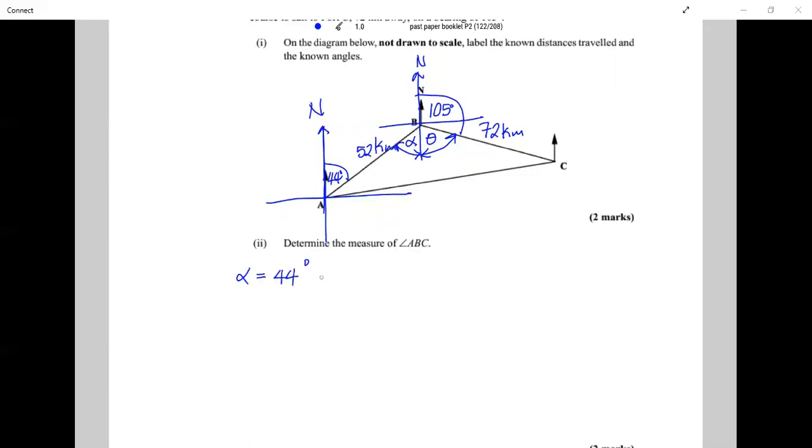They are alternate angles. And theta would be equal to 180 minus 105, because they are angles on a straight line.